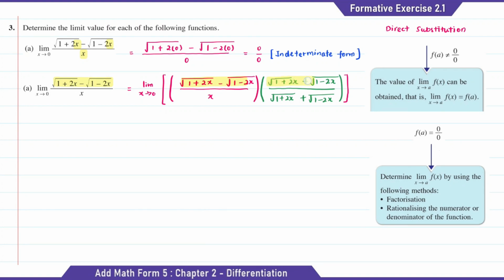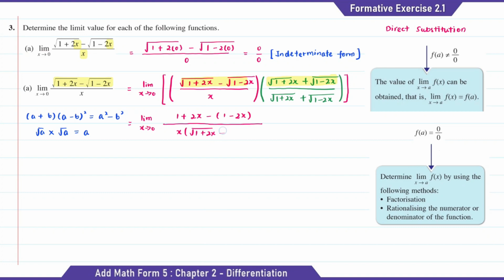So when we expand for the numerator, by using this as the guideline, we are going to get 1 plus 2x minus 1 minus 2x. As for the denominator, I'm just going to leave it as x times square root 1 plus 2x plus square root 1 minus 2x.